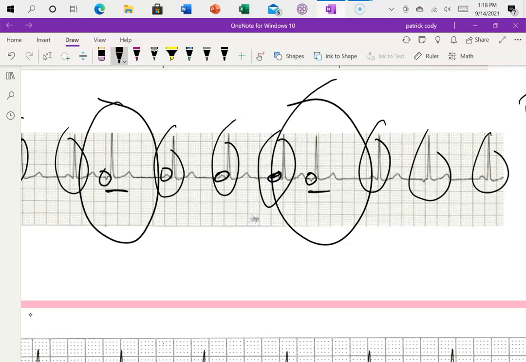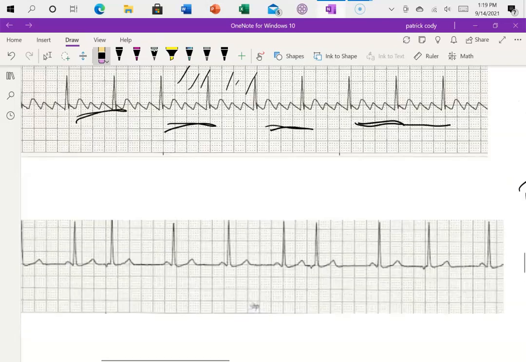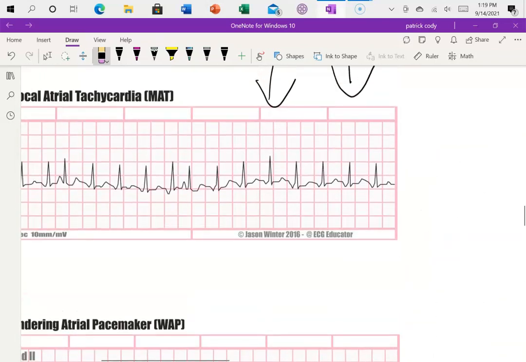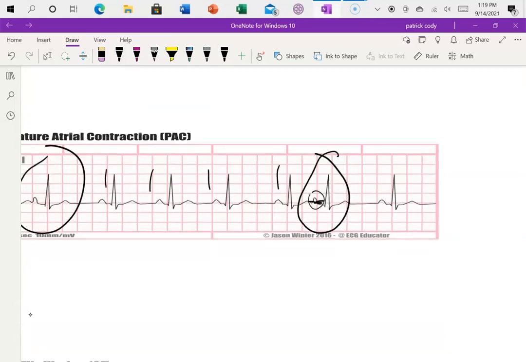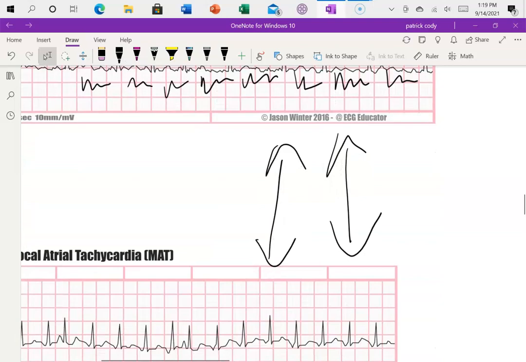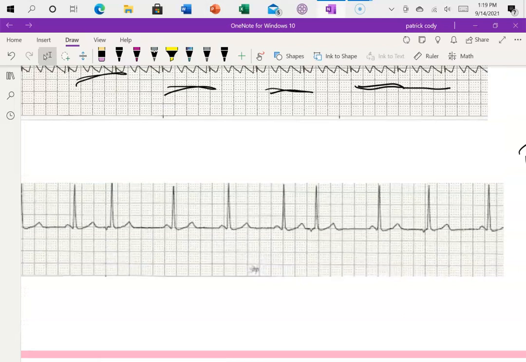So this is a premature junctional contraction as opposed to what we saw before, which was a premature atrial contraction. Just by way of comparison, as I go back up here, here's your premature atrial contraction, upright P waves. It looks pretty similar to what we see coming out of the atria in general, and then as we work our way down here back to the PJC, now we have an inverted P wave. Okay, so that's what's going to, in this case, differentiate this from a premature atrial contraction, or a PAC.